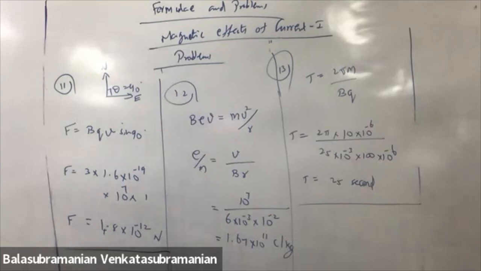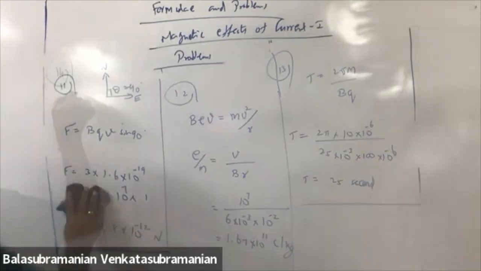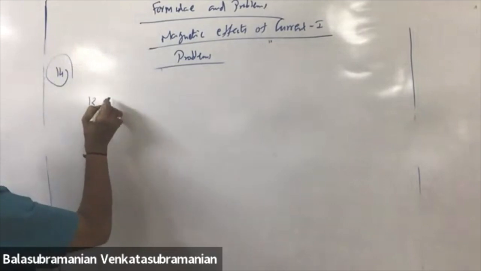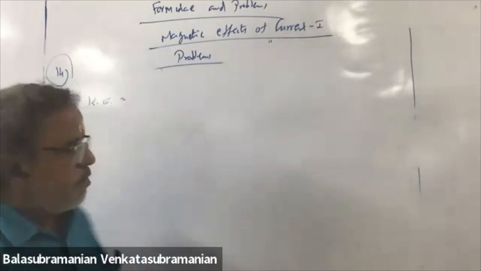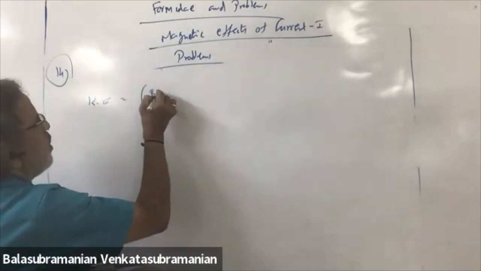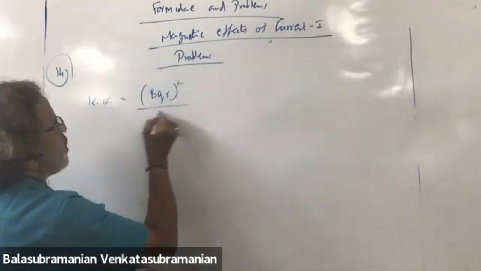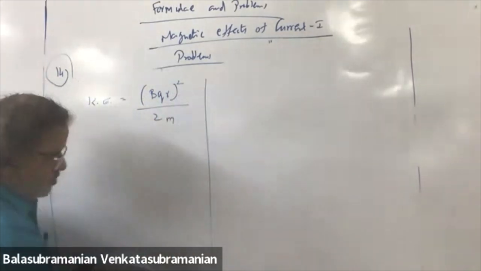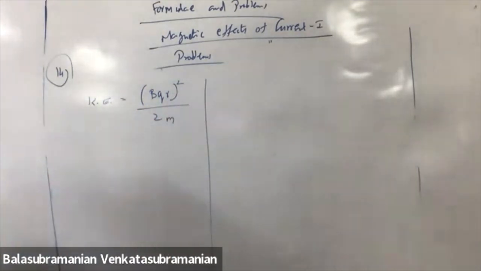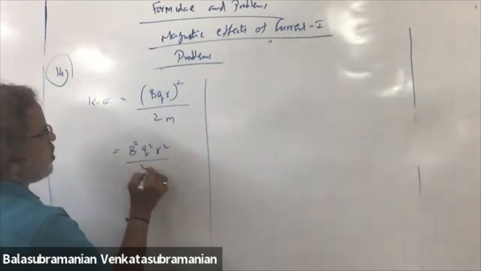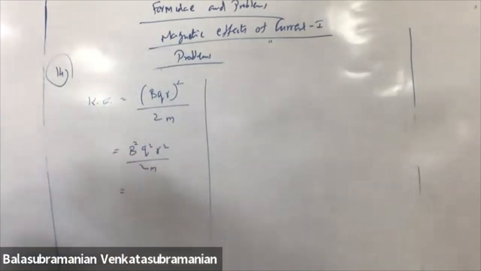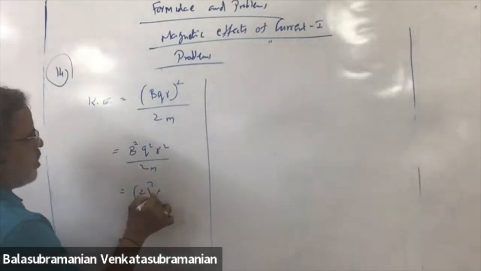Kinetic energy, we have calculated. Kinetic energy of a proton which is coming out is (BQR) the whole square by 2m, that is B square Q square R square by 2m. B is 2 Tesla, 2 square.